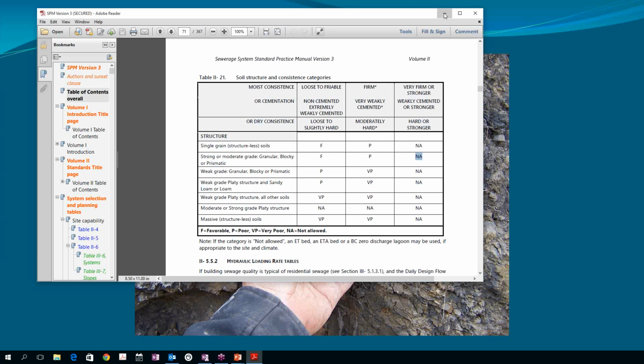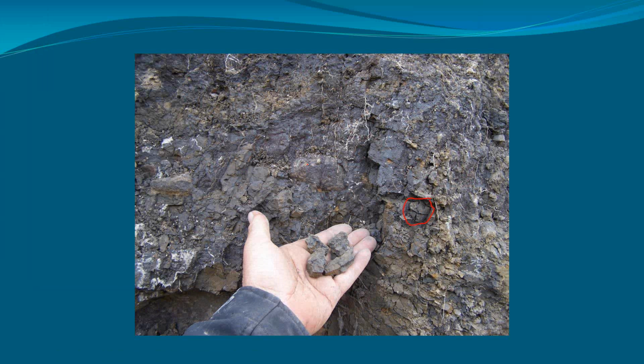Right? So to be clear, this photograph, I selected it not because it's good soil for dispersal, it's in fact very bad soil. The reason is that pictures of strong grade and hard consistence make the point very clearly on what those distinctions are. On that topic, why is this unsuitable? For one reason, because it's hard consistence, right, at the right hand column of that table. The other reason is seasonal high water table. Right?